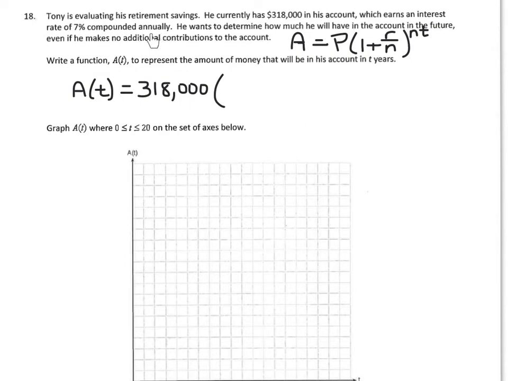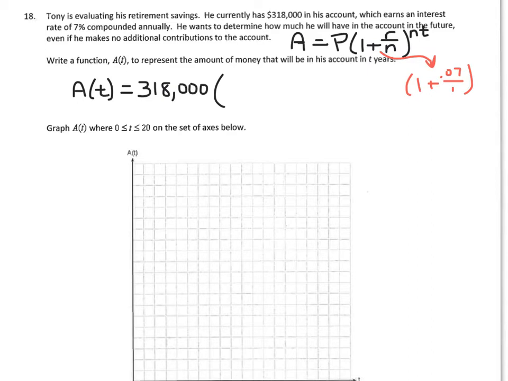compounded once per year. So if we take 0.07 and divide it by 1, isn't that still just 0.07? And if we add 1 to that, wouldn't it just be 1.07? So 1 plus 0.07 divided by 1 is just 1 plus 0.07, which is 1.07.